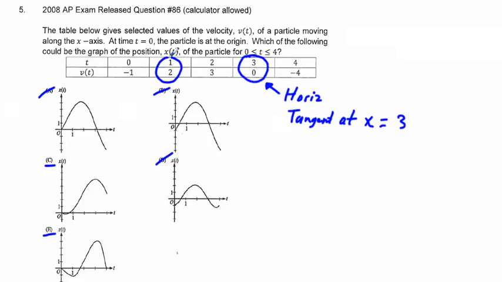At x equals 1, the slope of that function should be 2. Well, here at 1, in choice E, it looks like you almost have another horizontal tangent line, whereas in C at 1, you do have a positive slope. So that's going to eliminate answer choice E. So C is going to be your correct answer for problem 5.